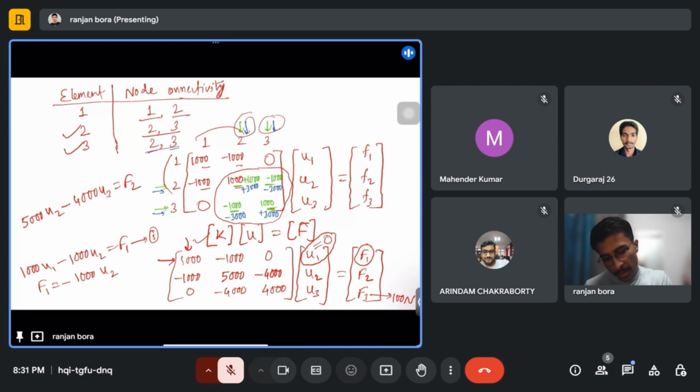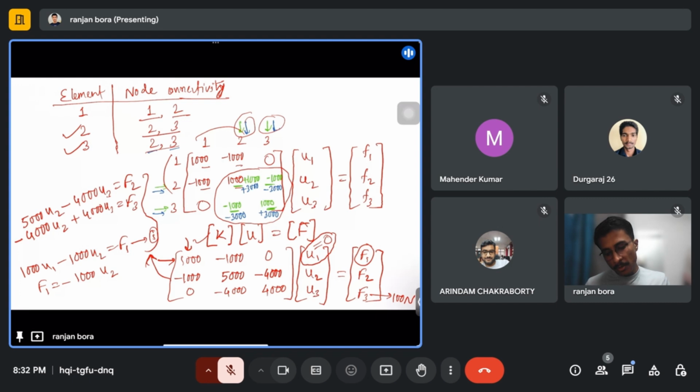And the third equation is 4000 u2 plus 1000 u3 equal to f3.